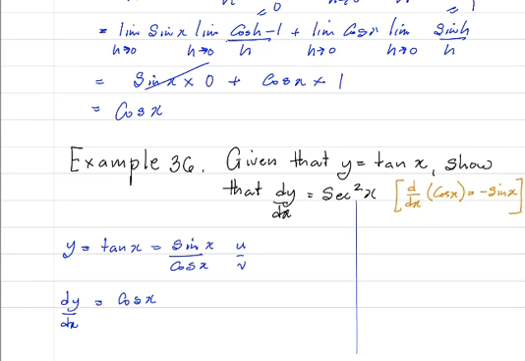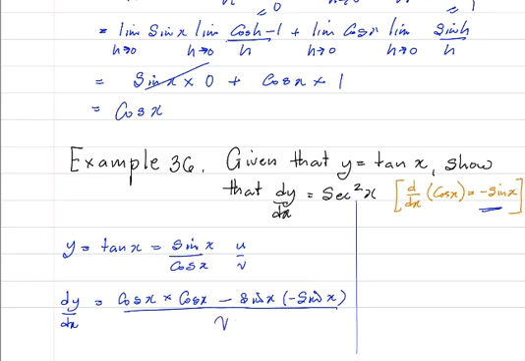When you differentiate sine x, you're going to get cosine x. So this is multiplied by cosine x minus u, which is sine x, times dv by dx, which is the differentiation of what? Cosine x. When you differentiate cosine x, you're going to get minus sine x. All right, so it's times minus sine x all over v squared.